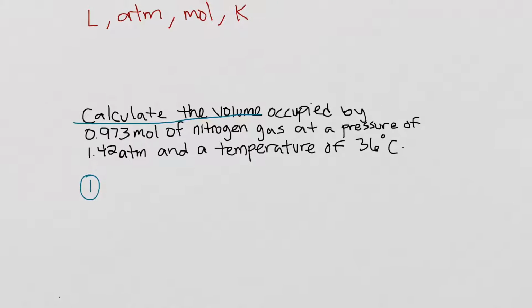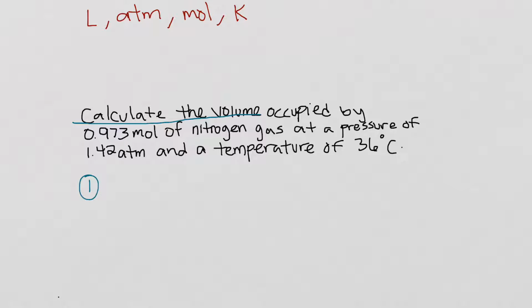Now, as we go down and read through this question, we have moles, we have atmospheres, we're solving for volume, which is going to call for liters. The only thing that we have to convert is this here, 36 degrees Celsius to Kelvin.